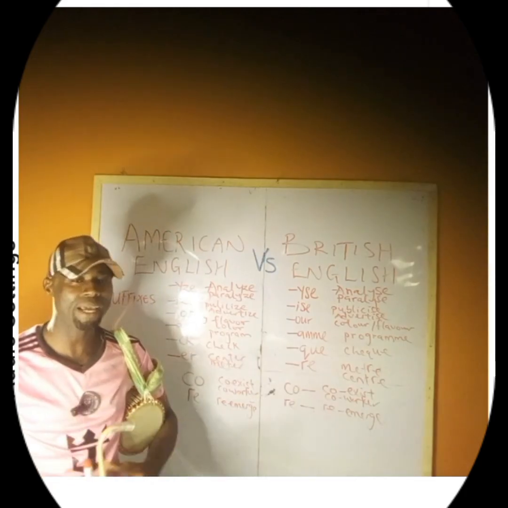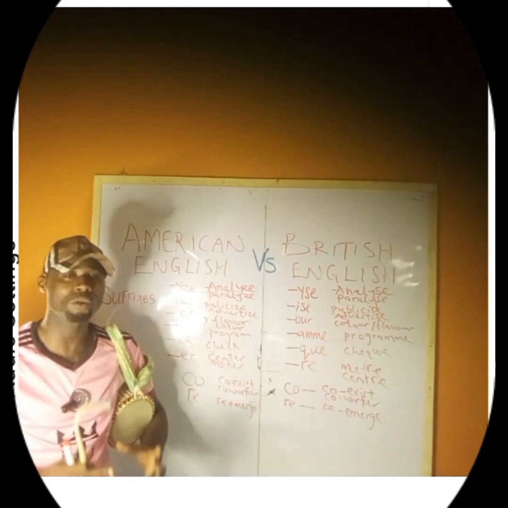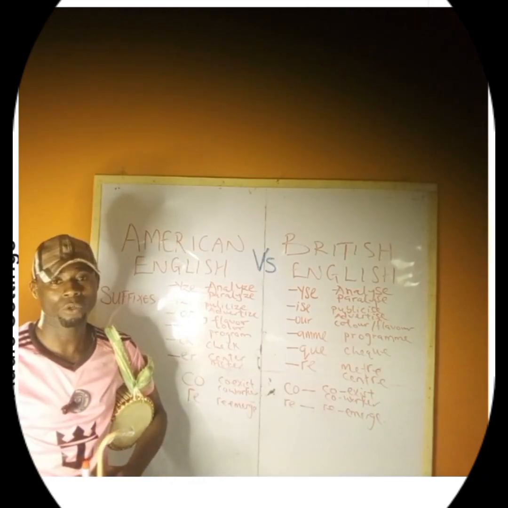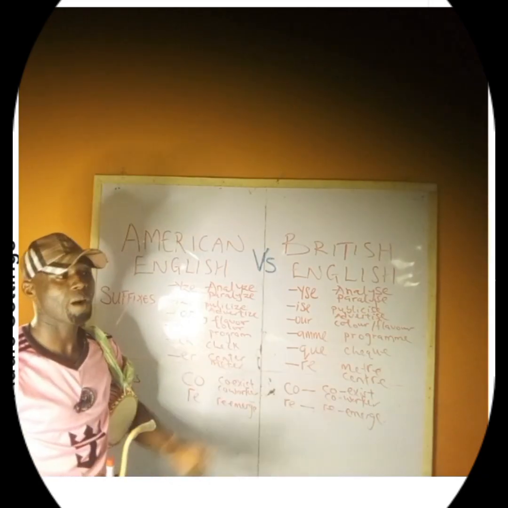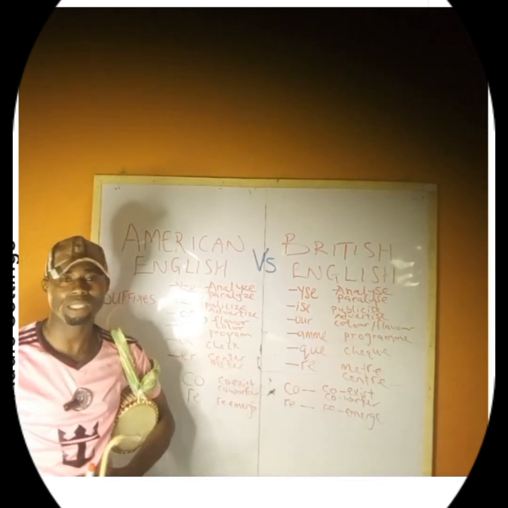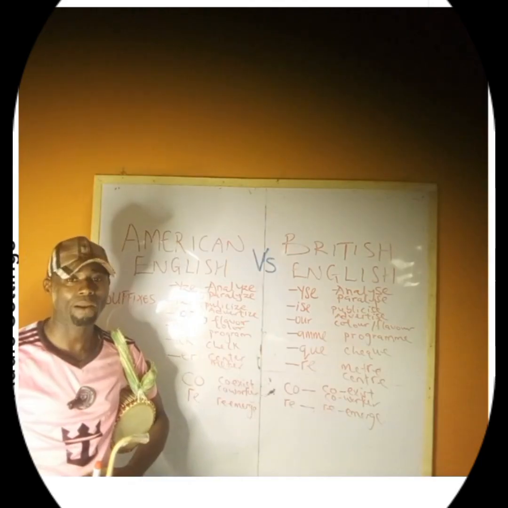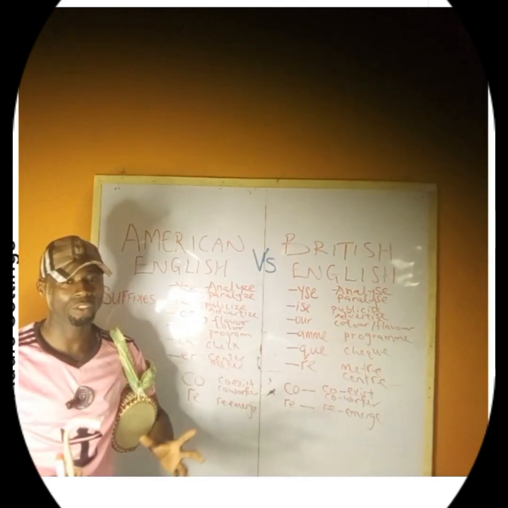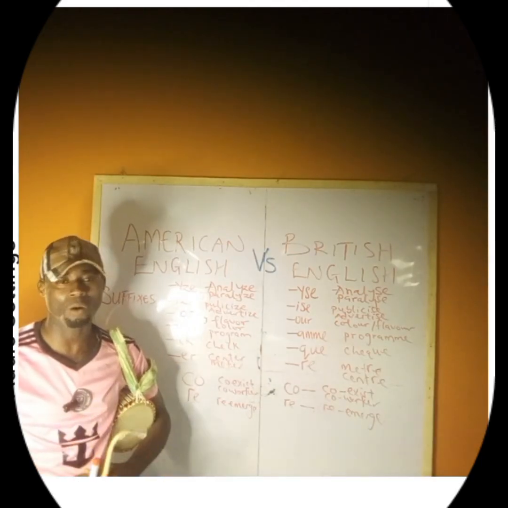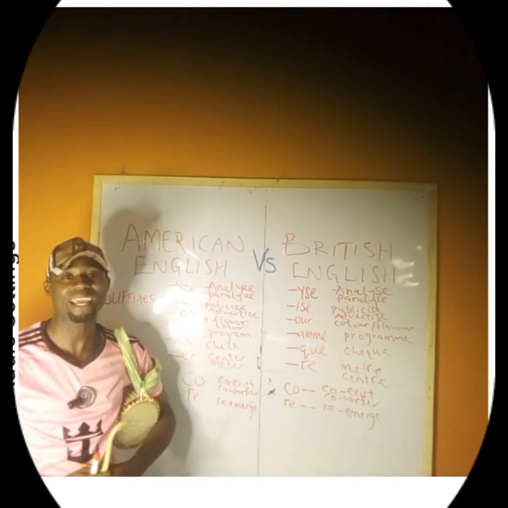Don't make the mistake of writing the spelling of a word for American English. If you're using the British English style, make sure you use it generally while writing. Don't juxtapose it, don't mix it up, and then you're good in scoring a high band score.